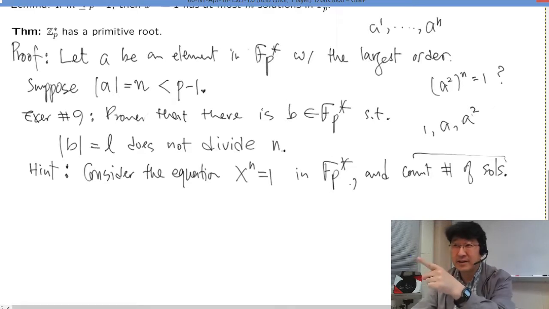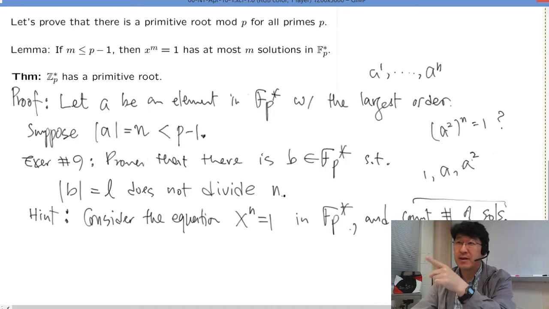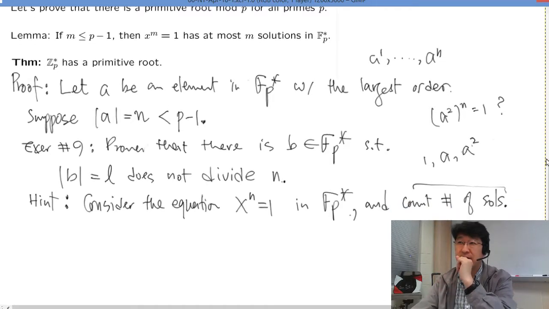Look at this: at most how many solutions? At most n solutions, right? But we found n solutions.